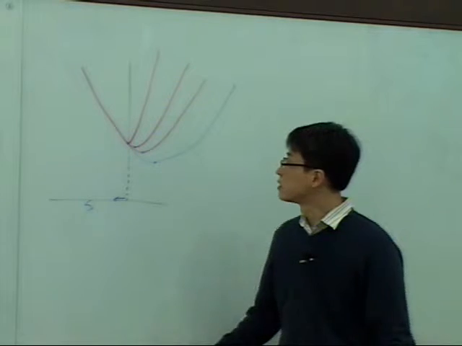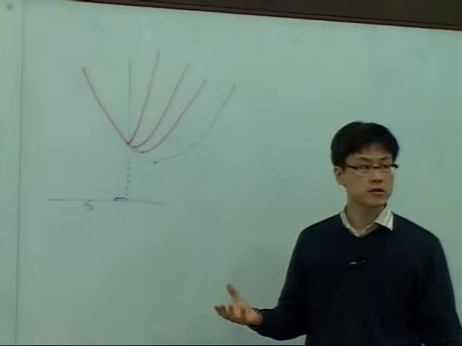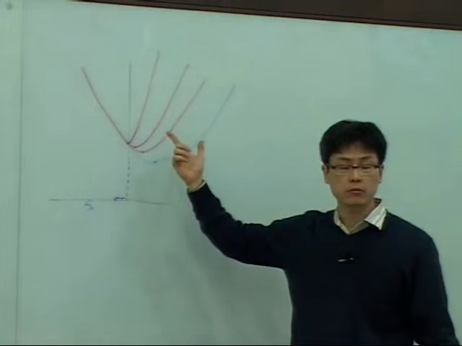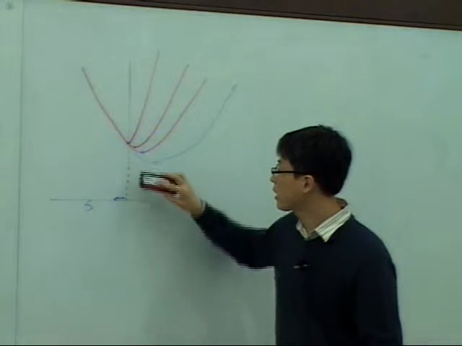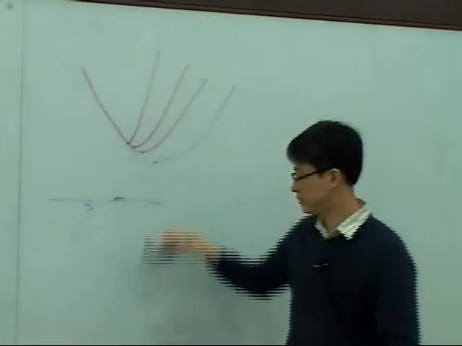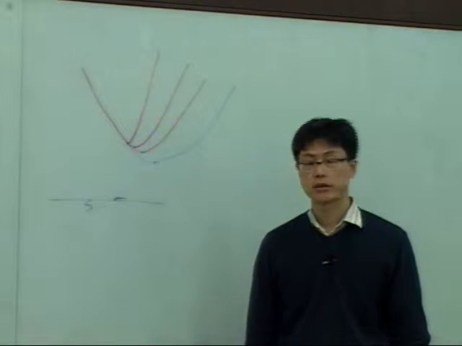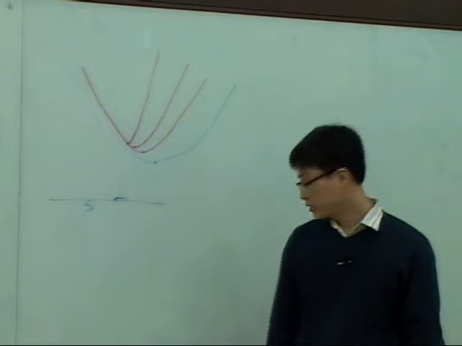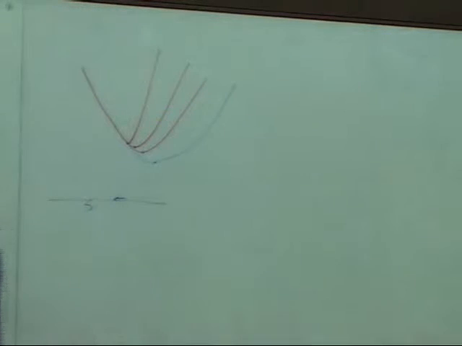If we modify our objective function like this red line, then we don't have to consider this feasible region anymore. That's the exterior penalty method.